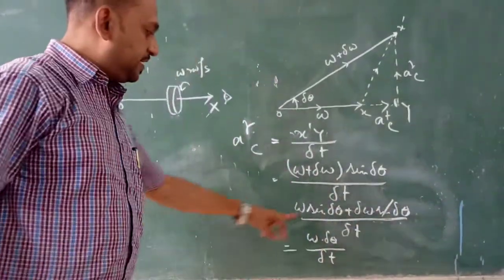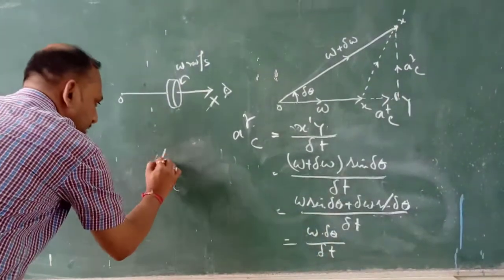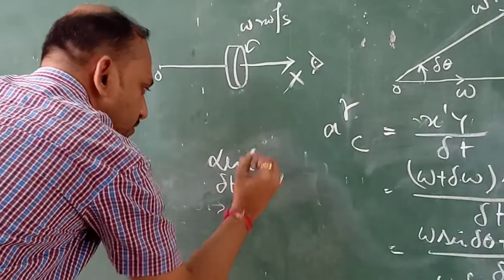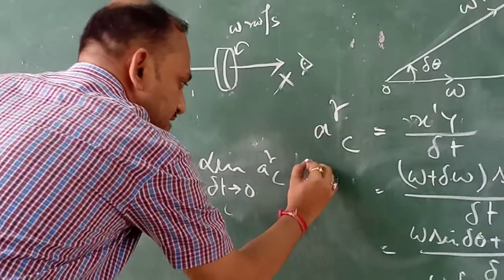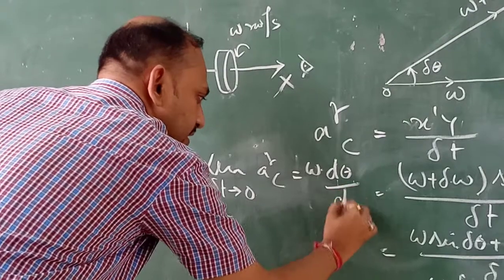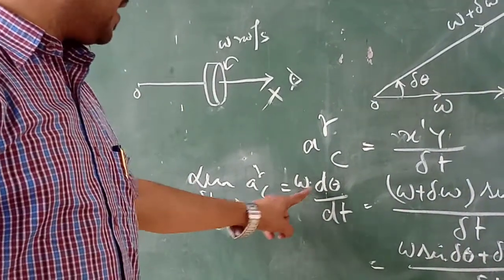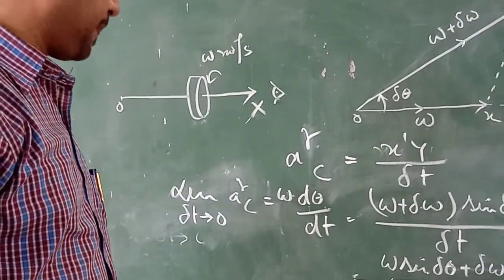And in the limit when del t tends to 0, this radial component of acceleration will be omega into d theta dt.